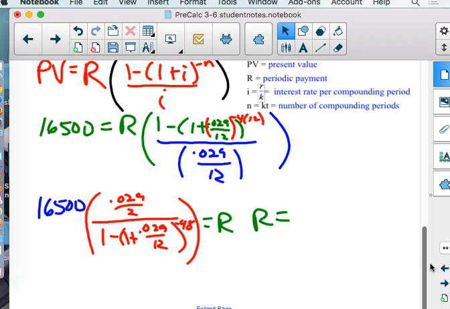Divide it by, parentheses, 0.029 divided by 12. Oops, the 9 first. There we go. And then take 16,500 and divide it by that answer. So, $364.49.